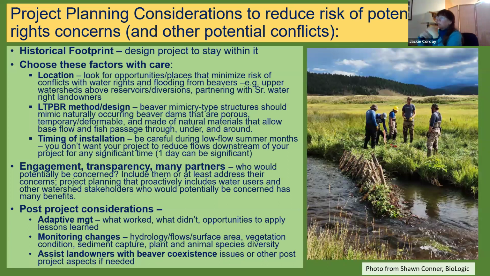Either way, these are good things to be thinking about. If folks want to take a screenshot of that, feel free. We can also share this slide with the folks that signed up.